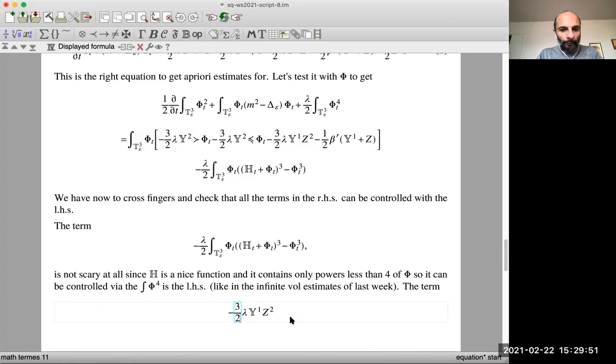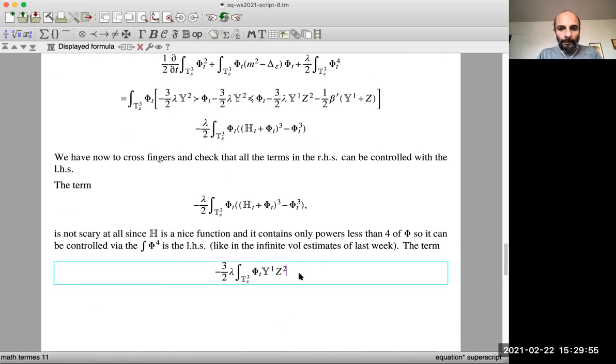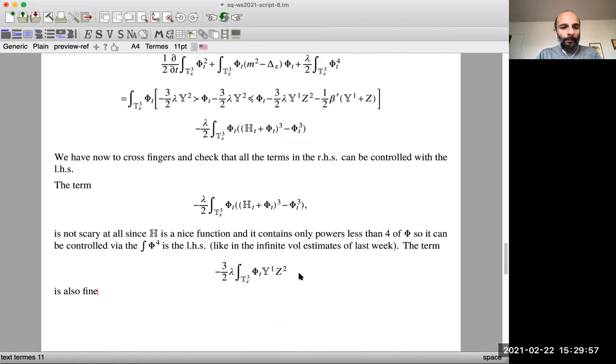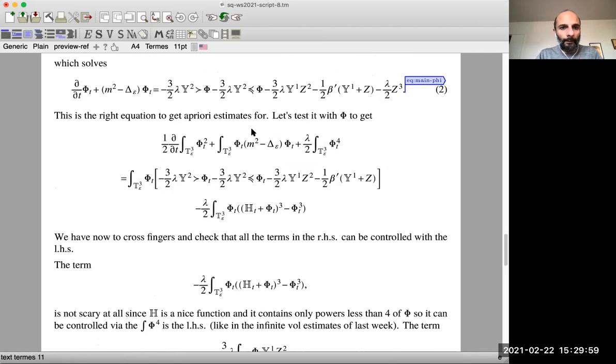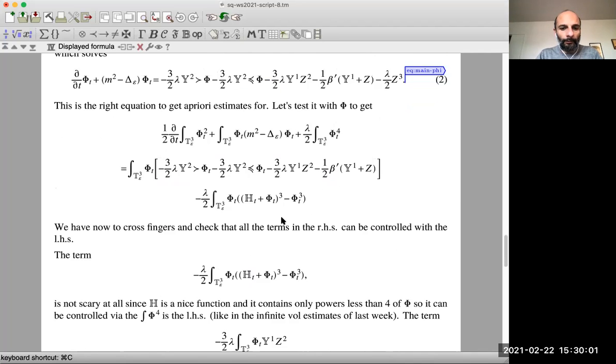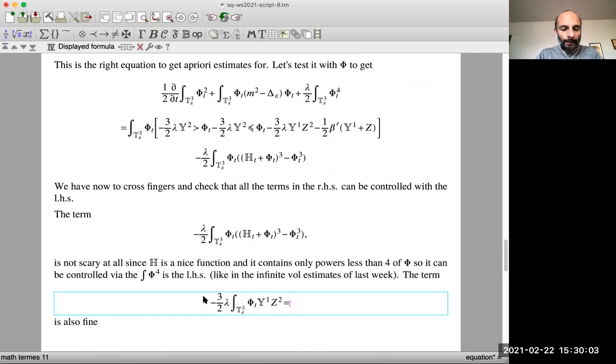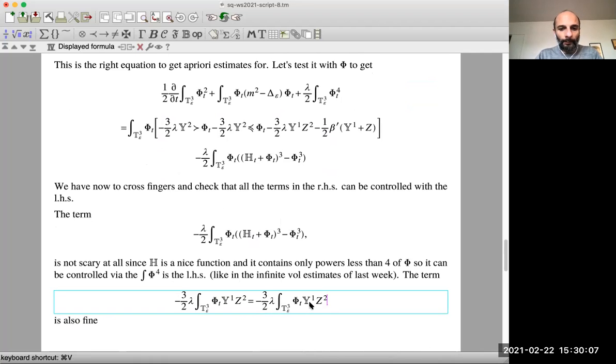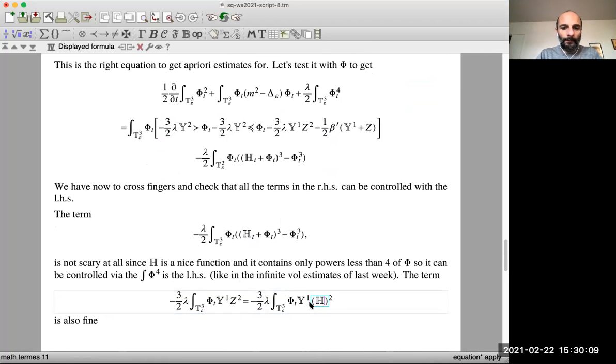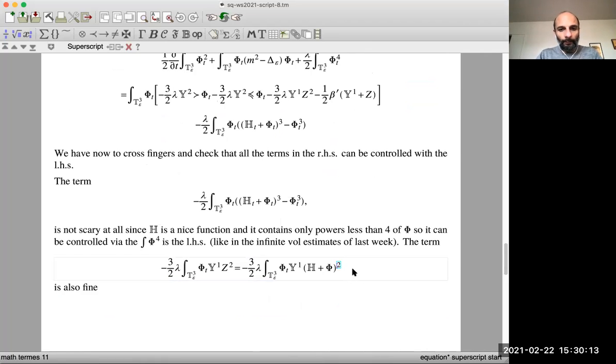This term contains the integral, so don't forget. So this term is also fine. So let's look, what is this? What is z? Z is this sum. Let's rewrite it. Z is h plus phi. So it's like this, and it is also fine.